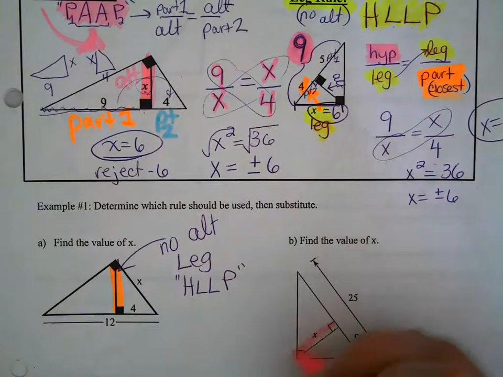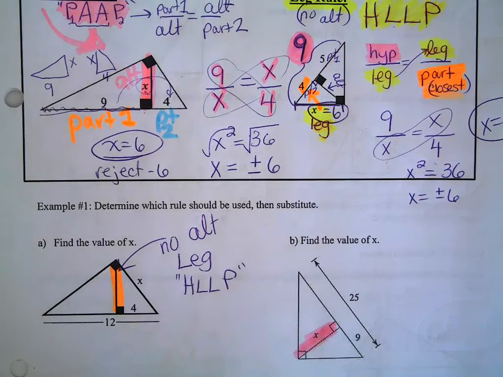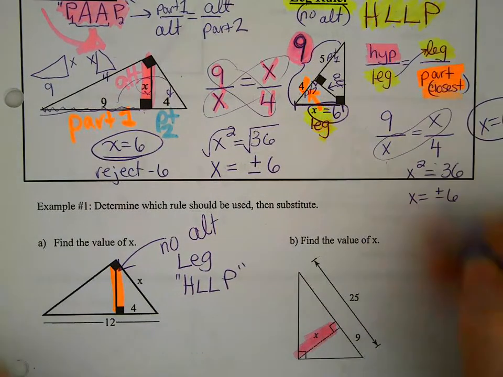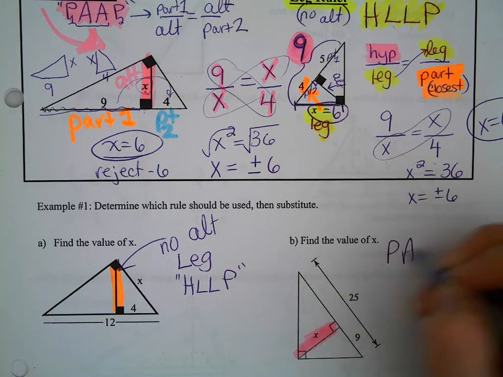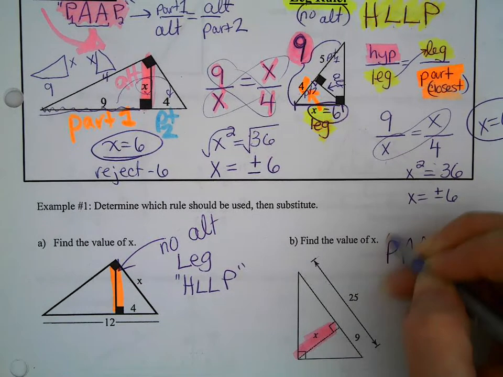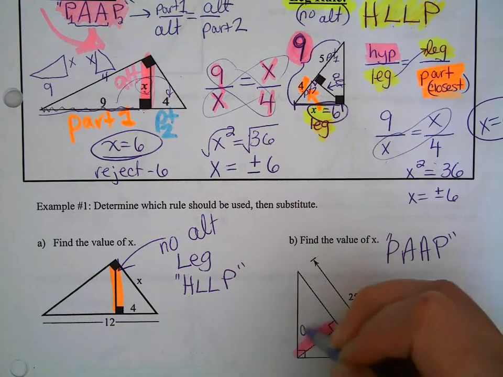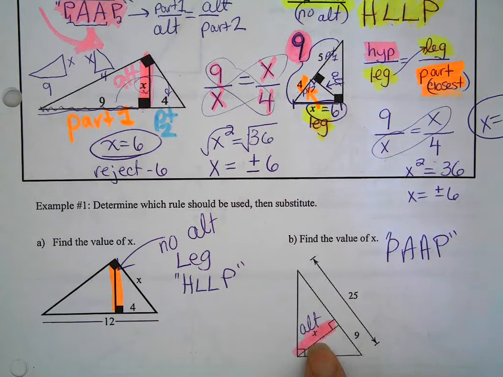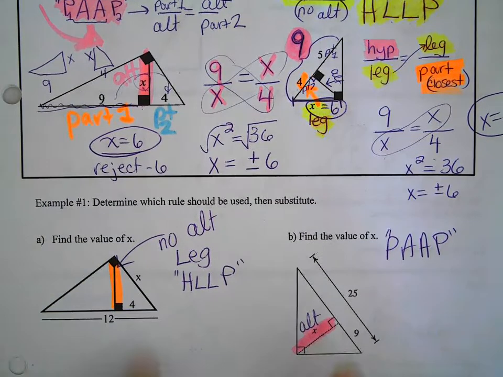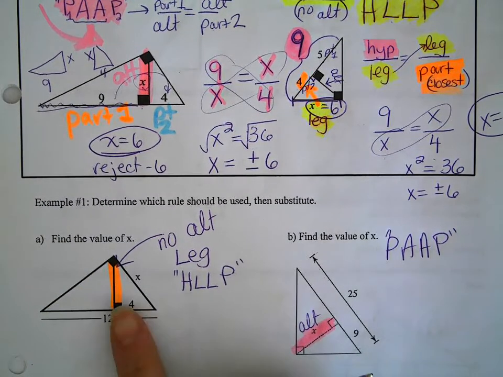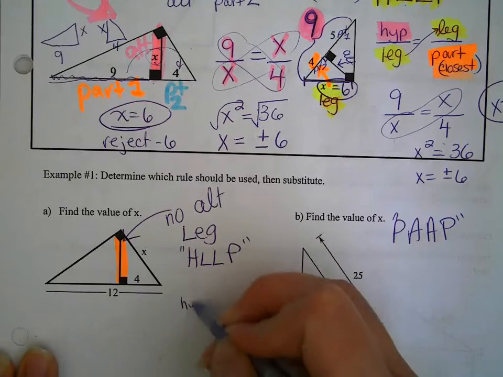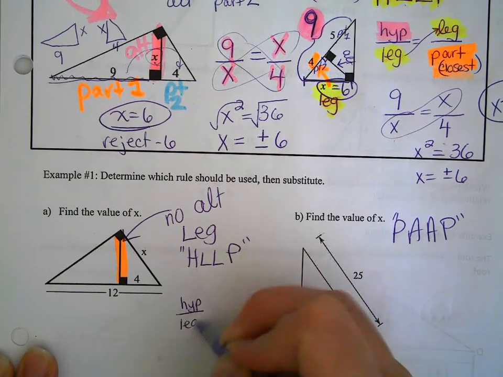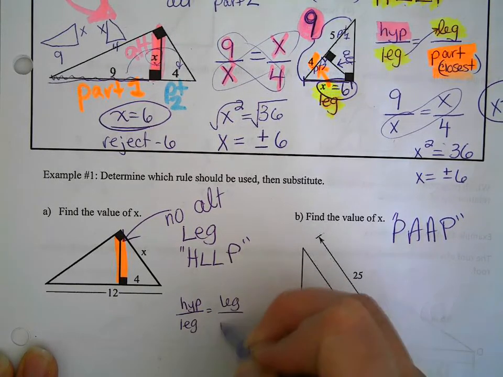Here we have an altitude, so we must use the altitude rule, which is PAAP. So yes to an altitude, since we have a value next to it. Now it happens to be our variable, it isn't over here. So the HLLP, again, is the hypotenuse of our picture over a leg equals a leg over a part.